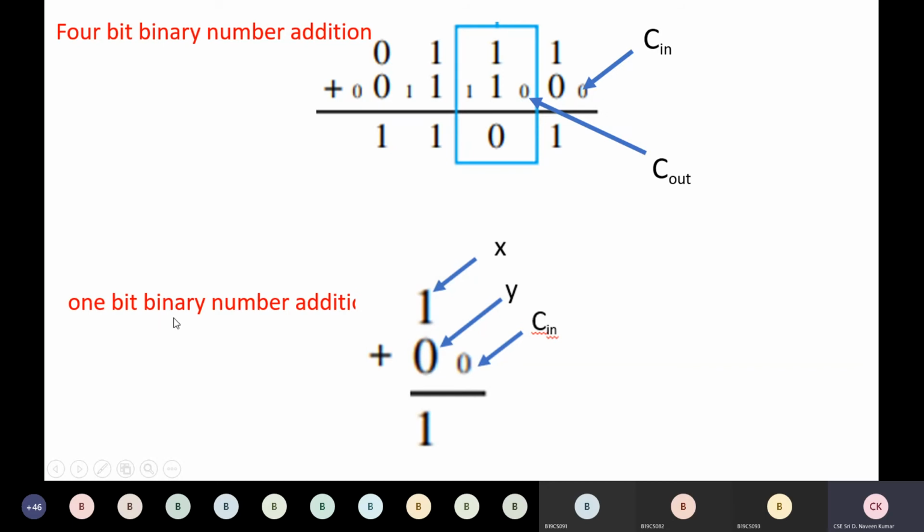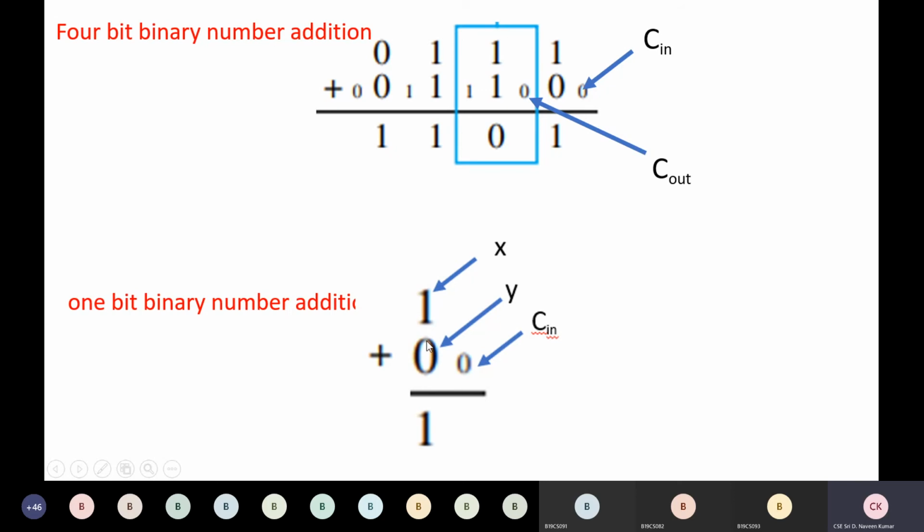Okay. So 1-bit binary numbers we will look at. What are the possible combinations? How many combinations are possible with the x value? The x value can be 0 or 1. Y value can be 0 or 1. The carry in also may be 0 or 1. So can anybody say how many combinations of these values?